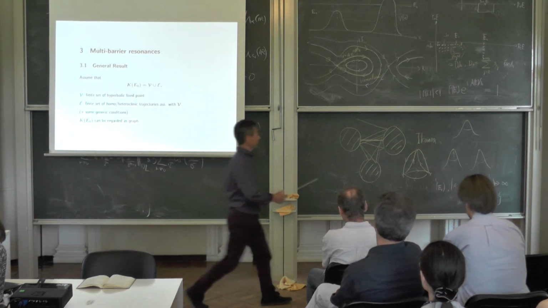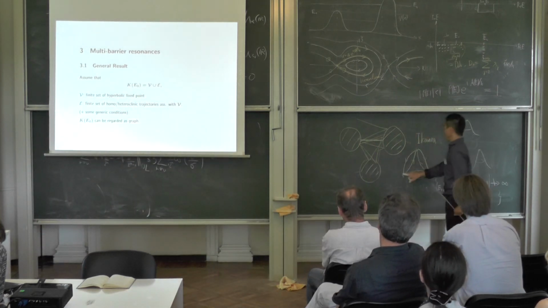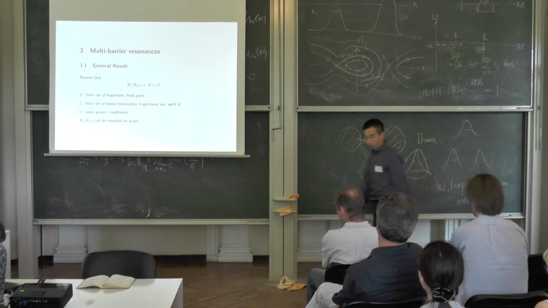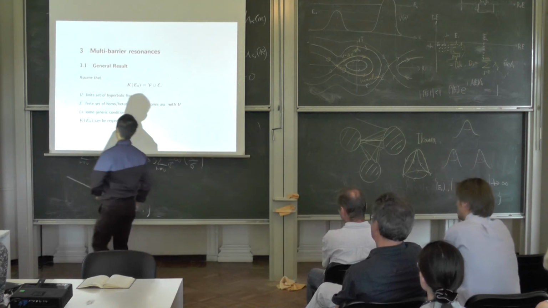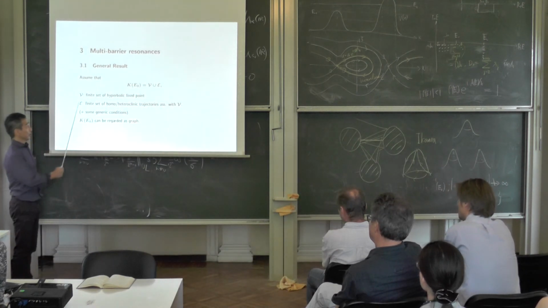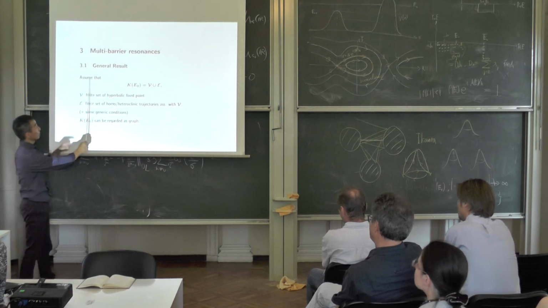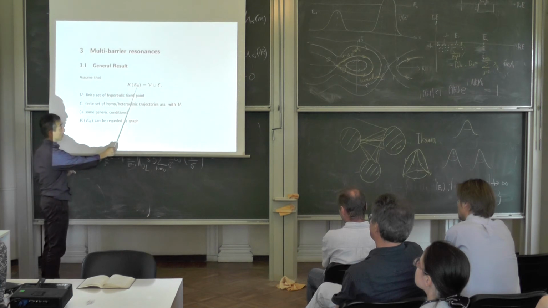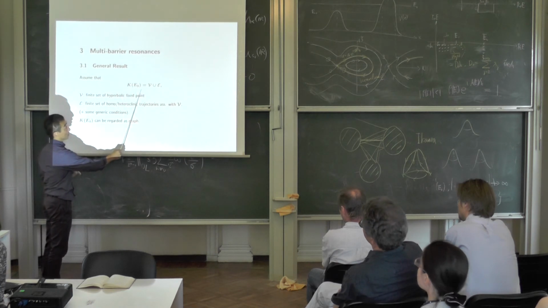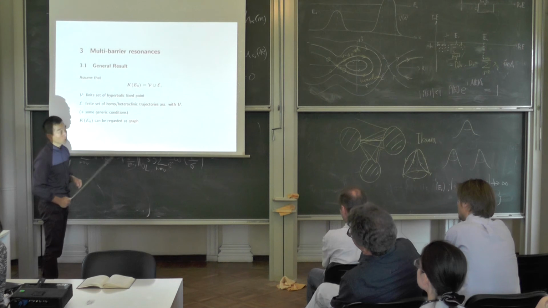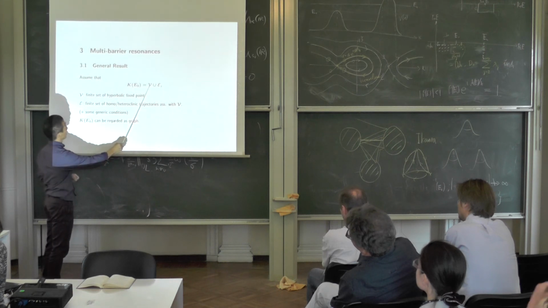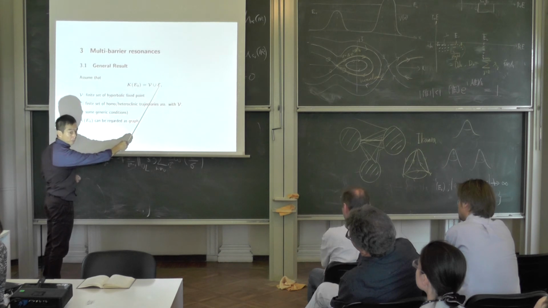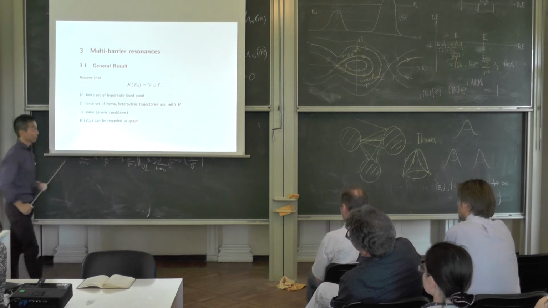So in this case, you have three fixed points and six heteroclinic orbits. The most important thing is the assumption that the trapped set consists only of these fixed points and homoclinic or heteroclinic orbits.